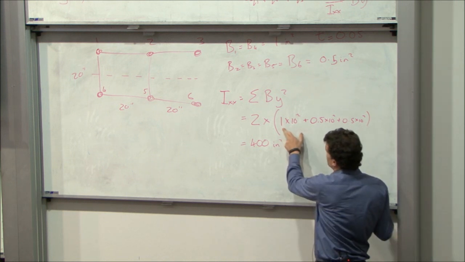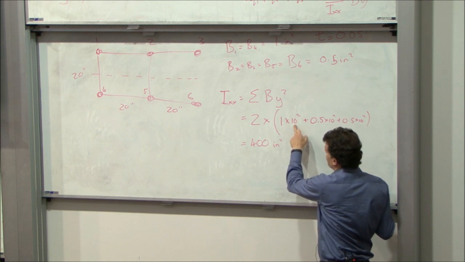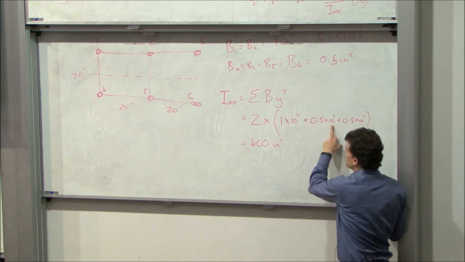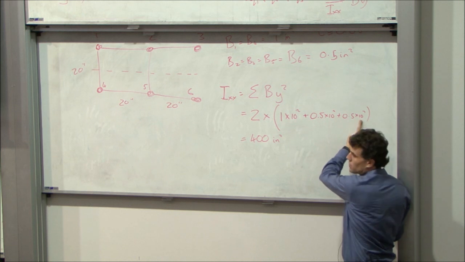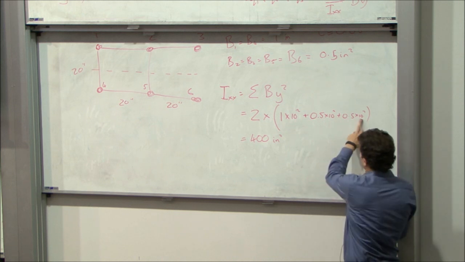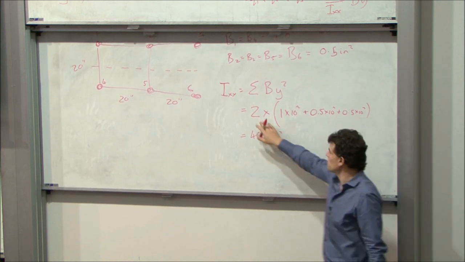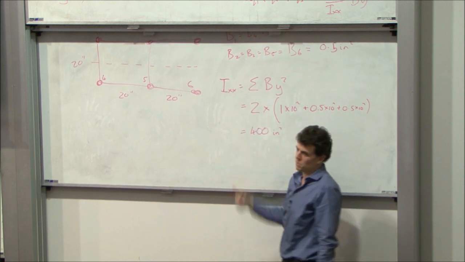So we've got B1 times y1 squared, B2 times y2 squared, B3 times y3 squared, and we've multiplied it by 2 because we know it's the same top and bottom.